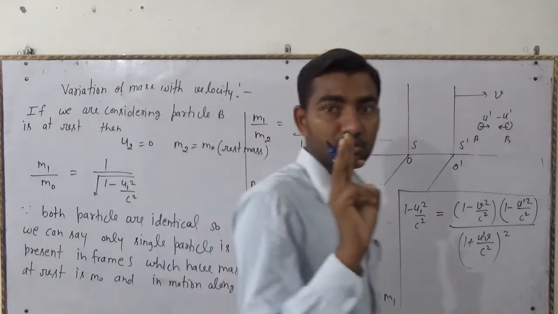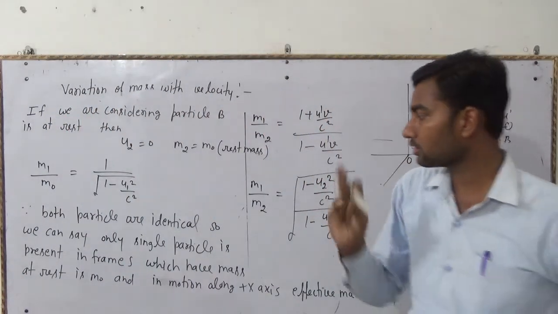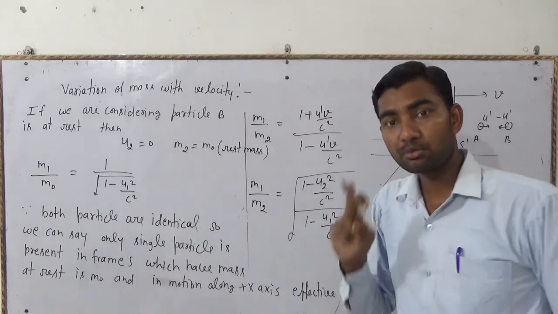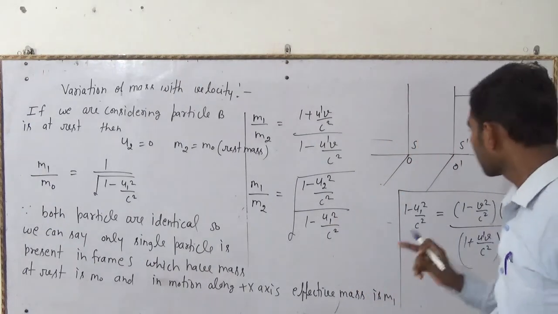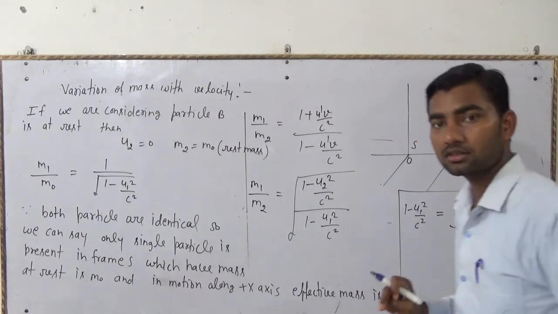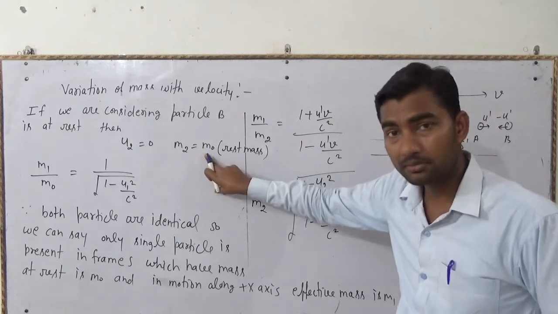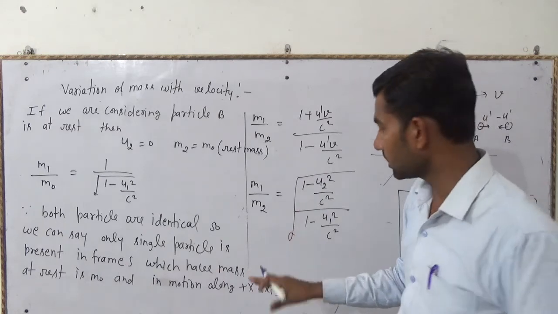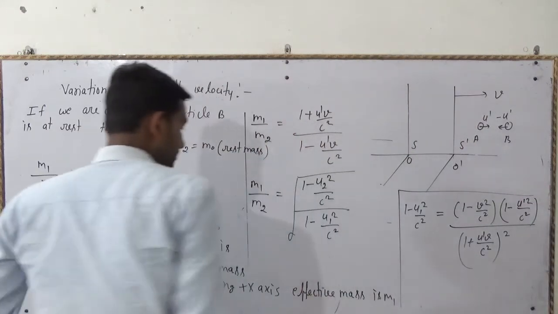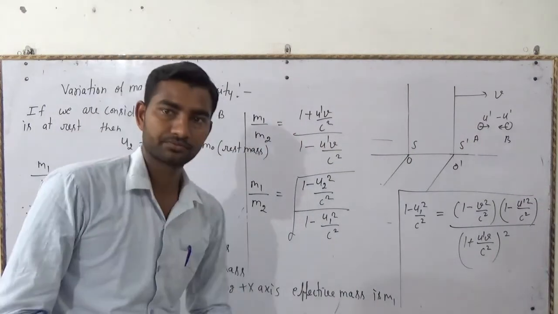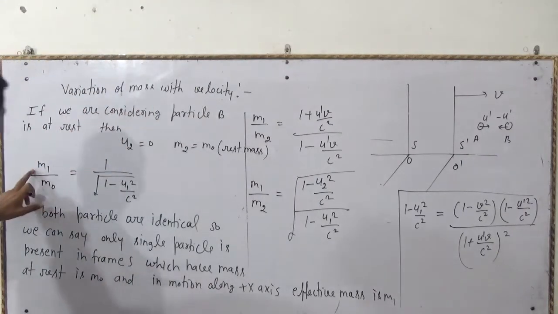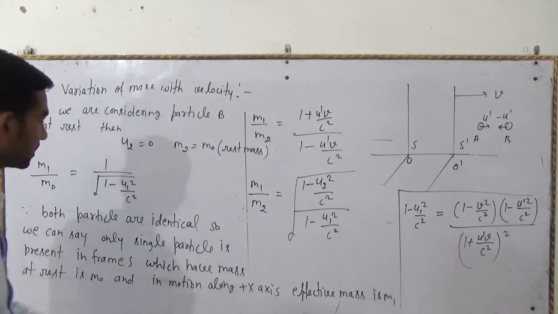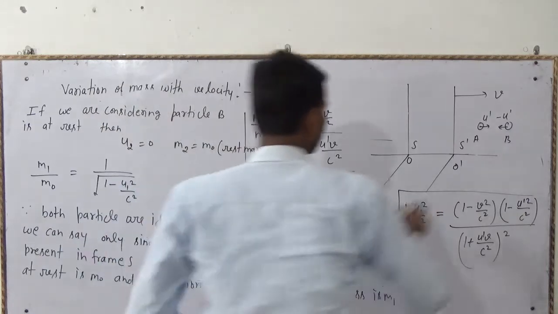At the place of two particles we can consider only one particle is present, because in the rest position we have found mass m naught, and in the motion here the effective mass is m1. So here m1 and m naught are present, and u1 is the velocity of this particle.